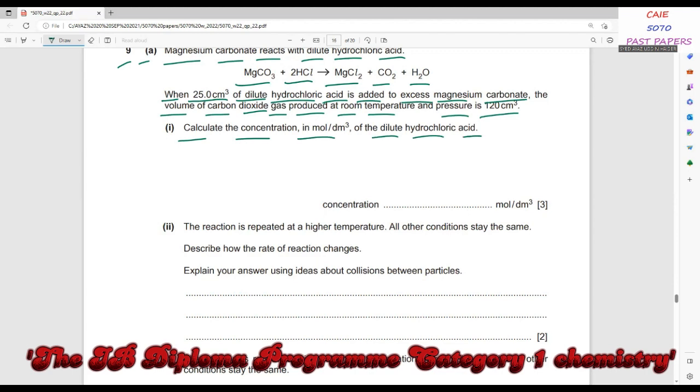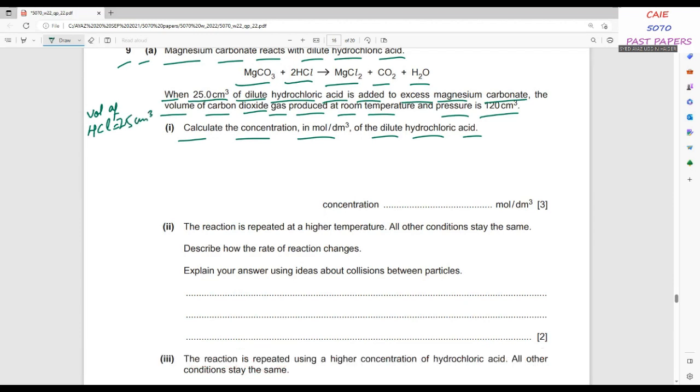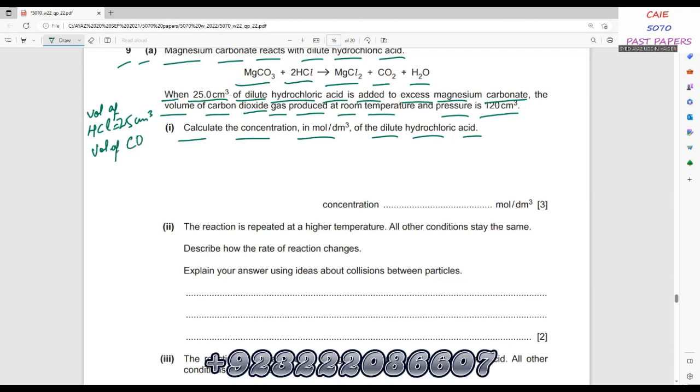For this, we need the moles of hydrochloric acid, and the volume of hydrochloric acid is provided to you. We have the volume of HCl, which is 25 cm3, and the volume of CO2 is also provided, which is 120 cm3.